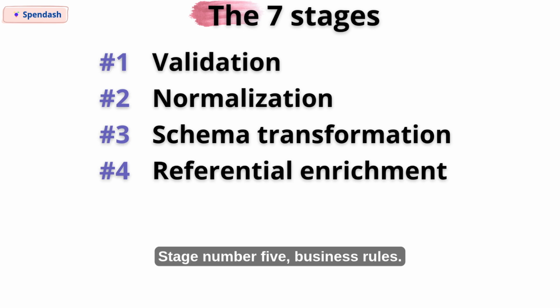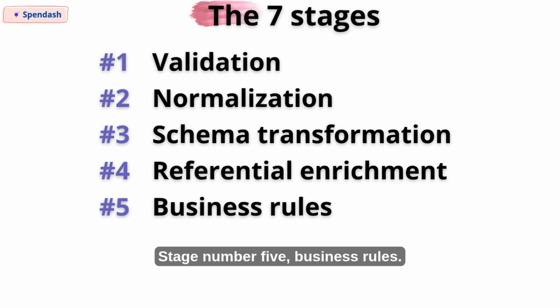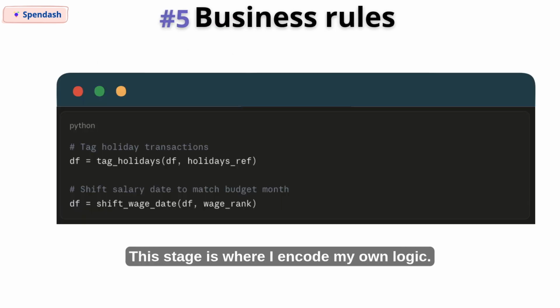Stage number 5, business rules. This stage is where I encode my own logic. Rule number 1, I tag every holiday transaction. Vacations are a big spending line for me. I want to know what each trip really costs and compare one trip to another.